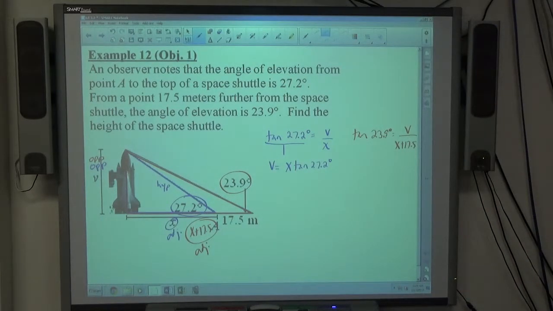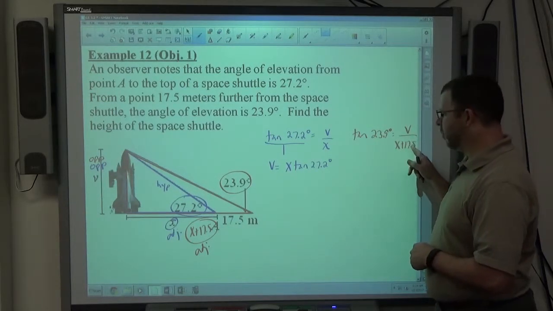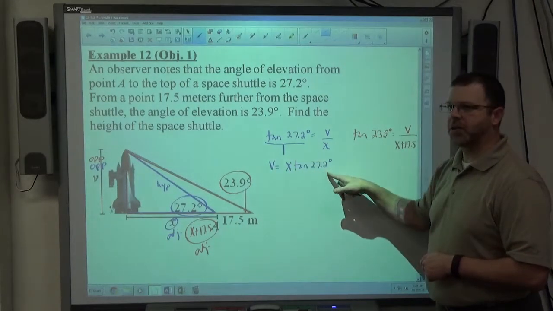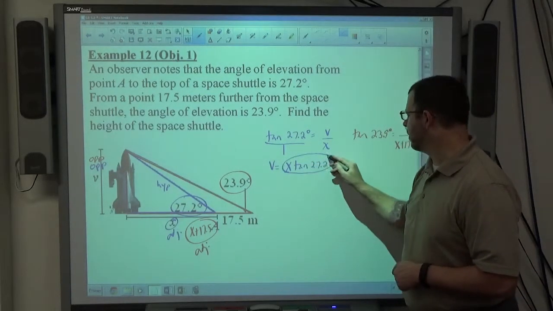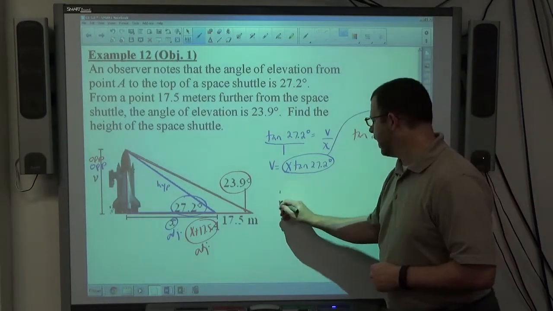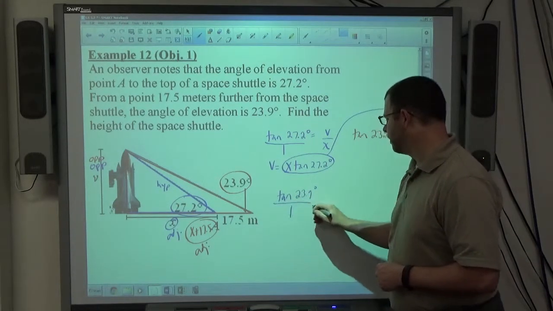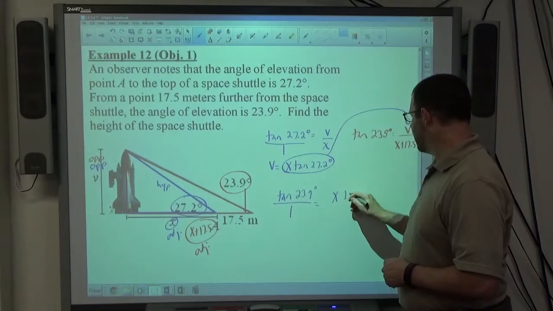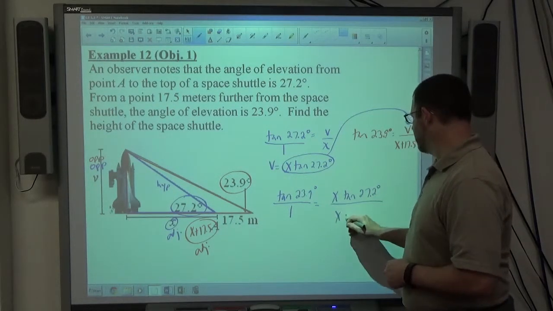This is where it's easier to find X than V. We know V equals X tangent of 27.2. So if I do a substitution, X tangent 27.2 replaces V, and we get tangent of 23.9 degrees over 1 equals X tangent of 27.2 degrees over X plus 17.5.